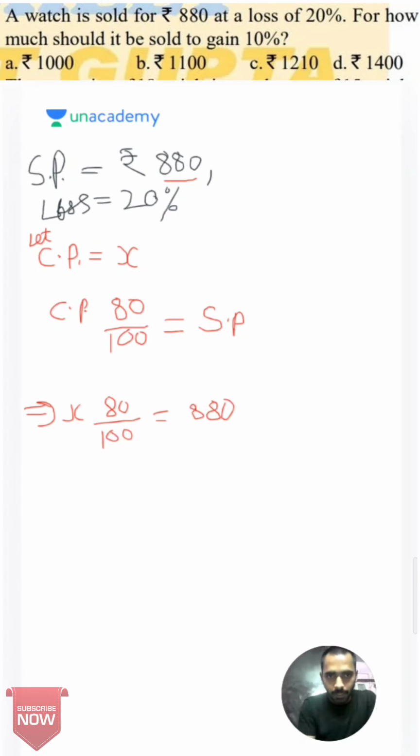So here we are going with X is equal to 880. 100 is going to the right hand side, then it becomes multiply by 80, and after solving this we are getting X is equal to 1100.